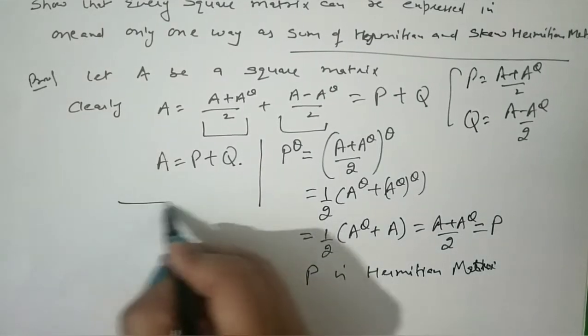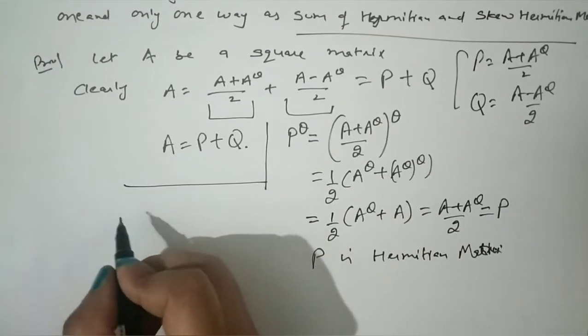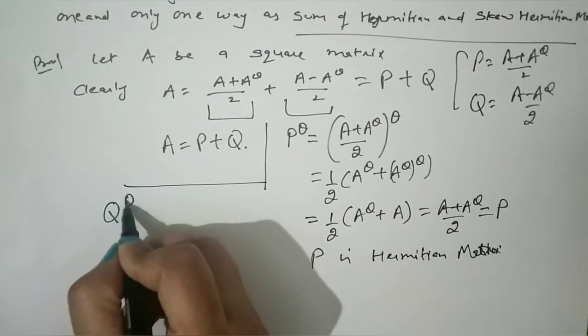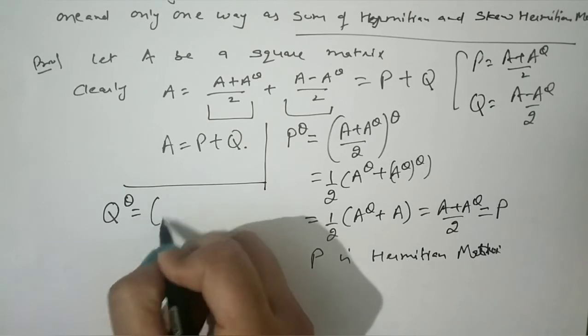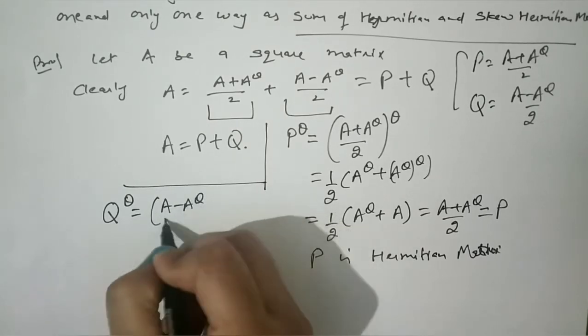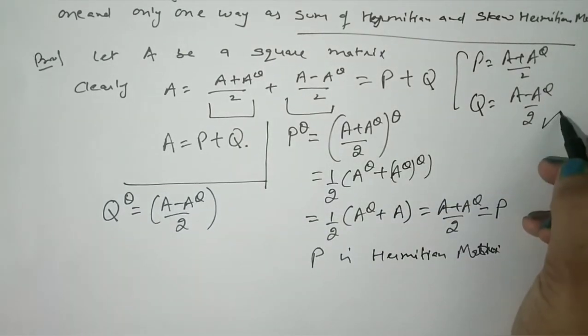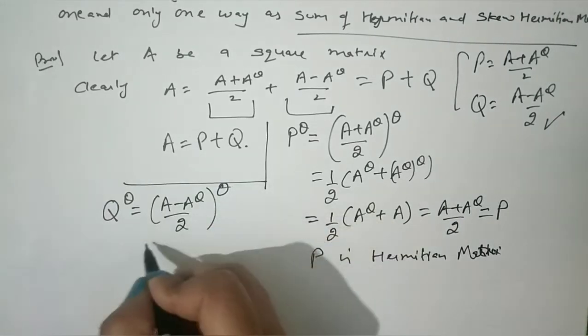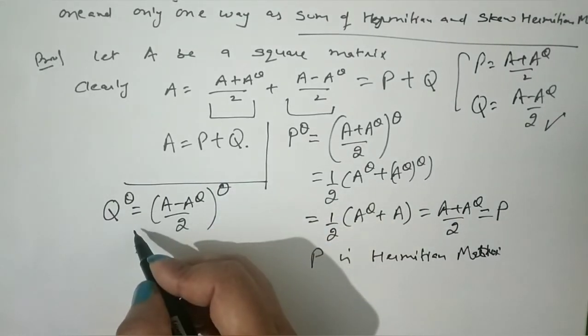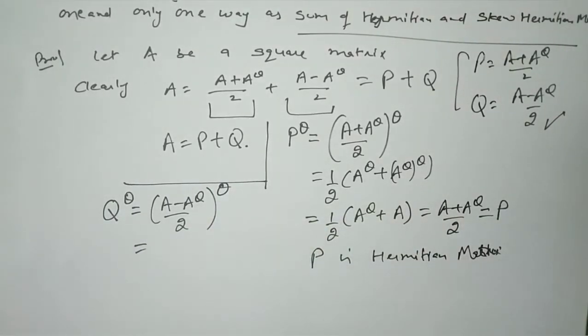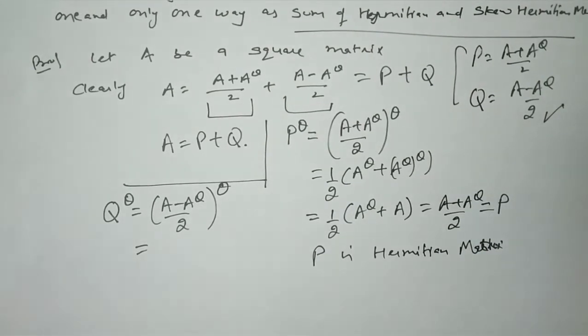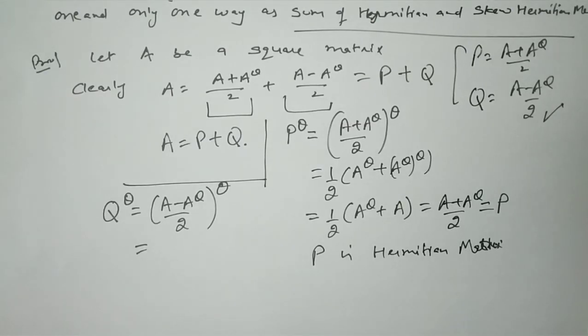Now about Q. Q theta: if we apply theta on Q, Q was A minus A theta upon 2. Whenever we have to check whether a matrix is Hermitian or skew Hermitian, we just have to apply theta on it and check whether it is equal to the original matrix or the negative of it.